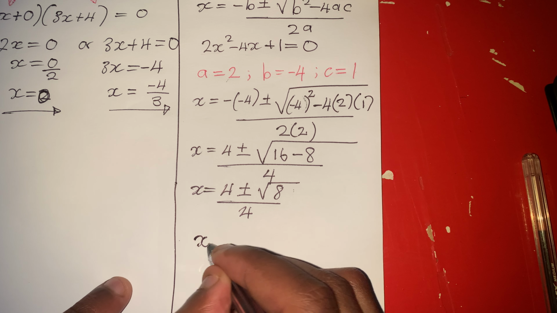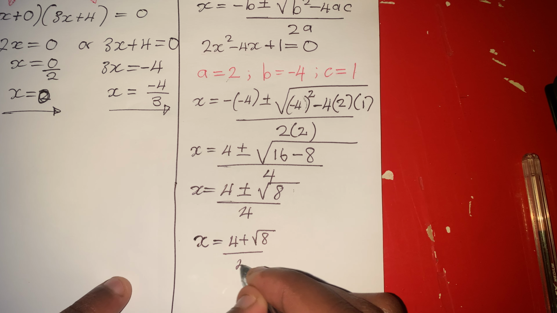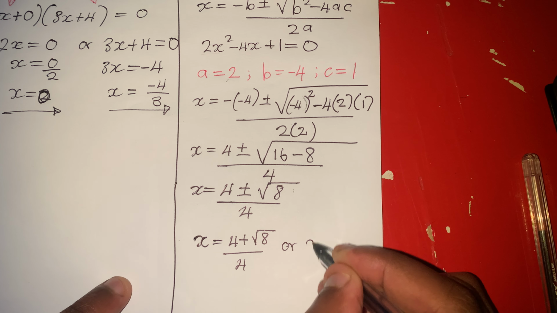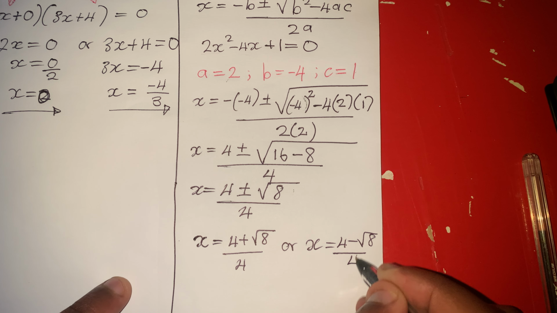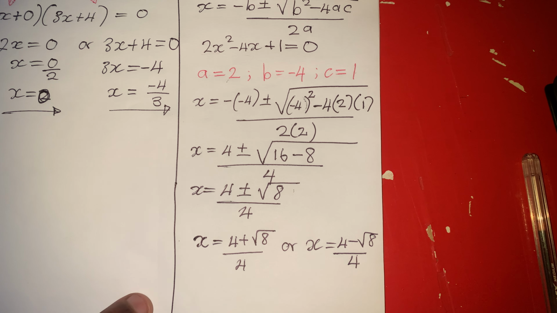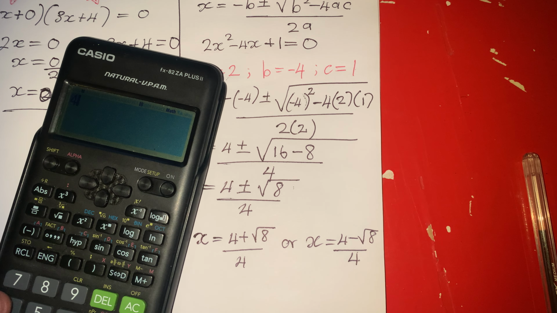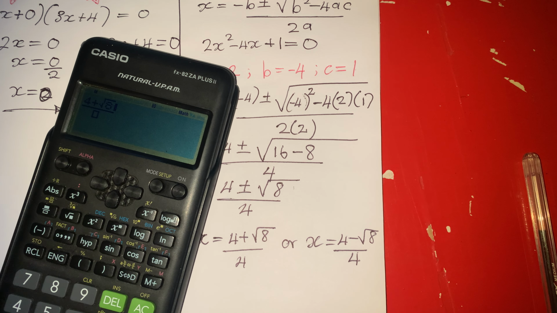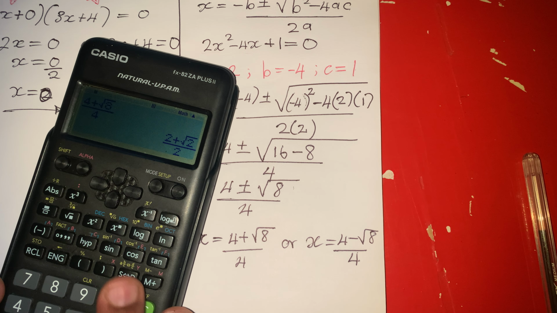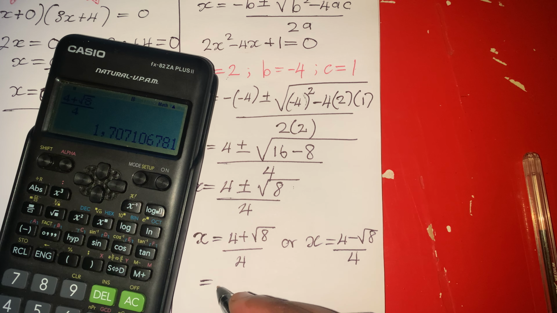So you can say x equals 4 plus the square root of 8 over 4, or x equals 4 minus the square root of 8 over 4. Then you punch it on your calculator. You have 4 plus the square root of 8 over 4. You're told to leave your answer to 2 decimal places.